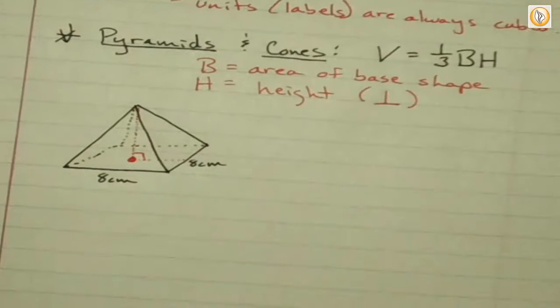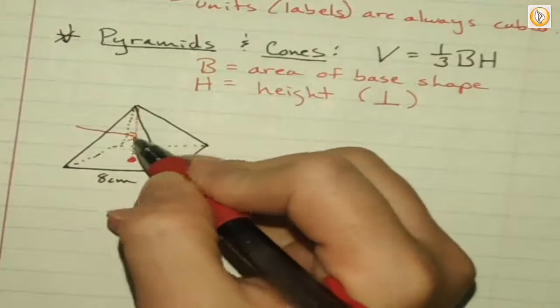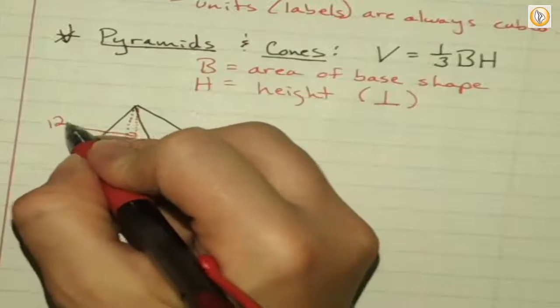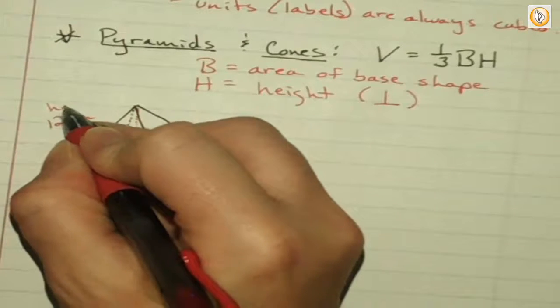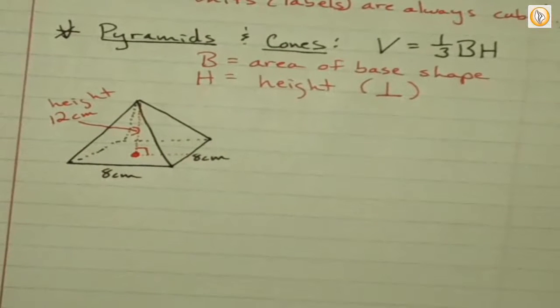Like that forms a right angle. So those are what kind of lines, Michaela? Perpendicular. There you go. Perpendicular lines. And that measurement is 12 centimeters. That's going to be your height. Is that the only thing we need to know for this one? Well, why don't you wait and find out?